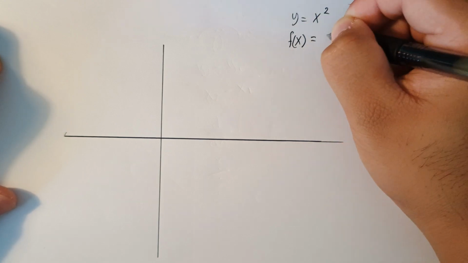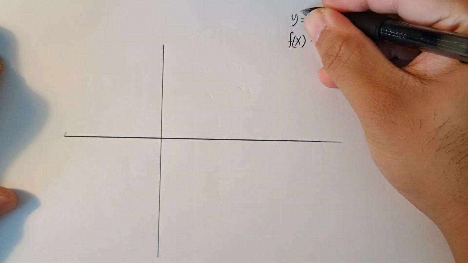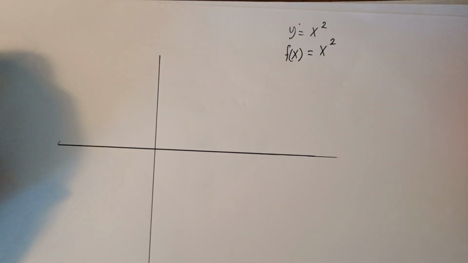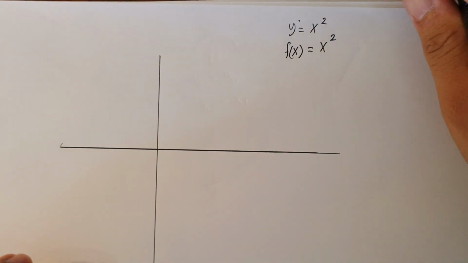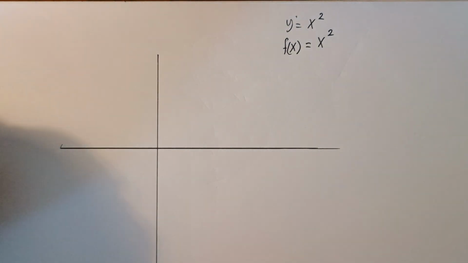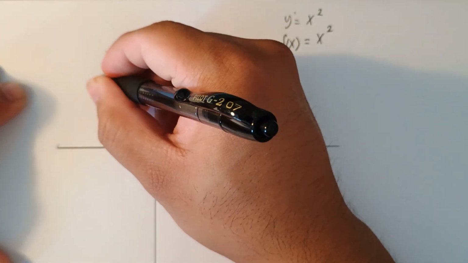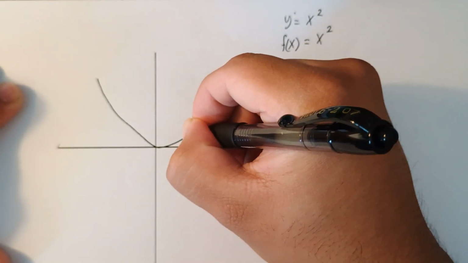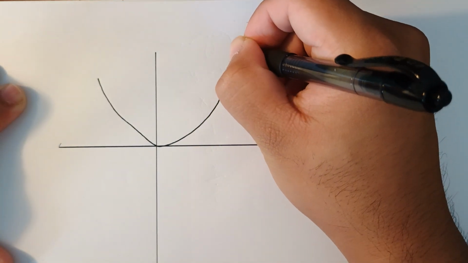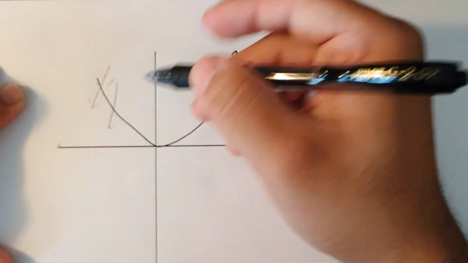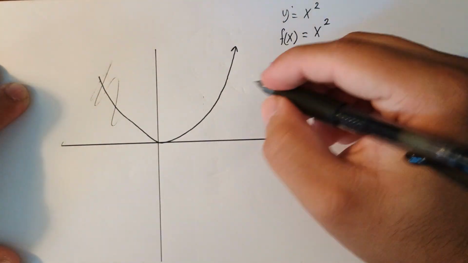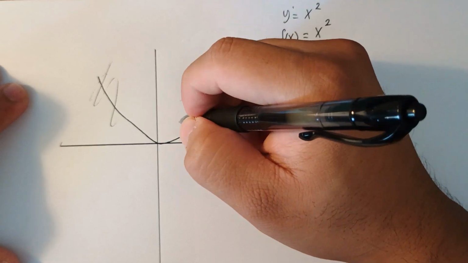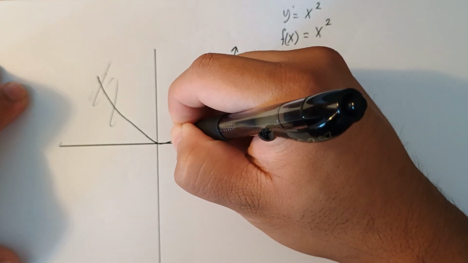This is the exact same thing. I just replaced the y with a function symbol, and they're basically quite literally the same thing. Anyways, the graph for that kind of looks like, don't worry about this side. We're just gonna focus on this side. It kind of looks like this, not exactly, but it doesn't matter for illustration purposes.